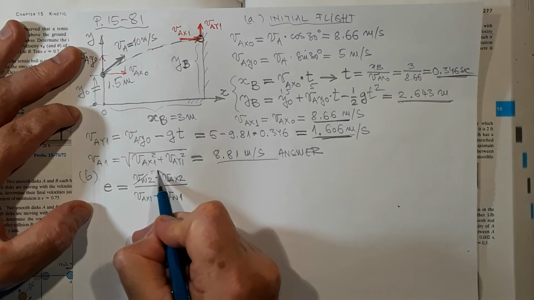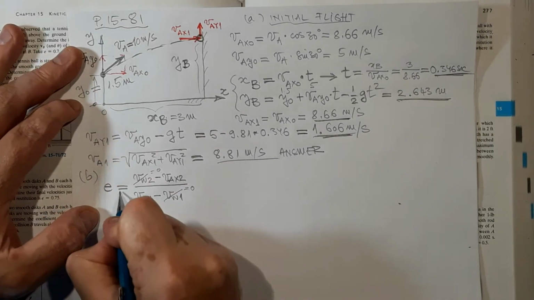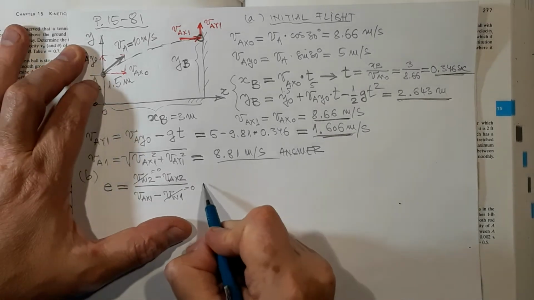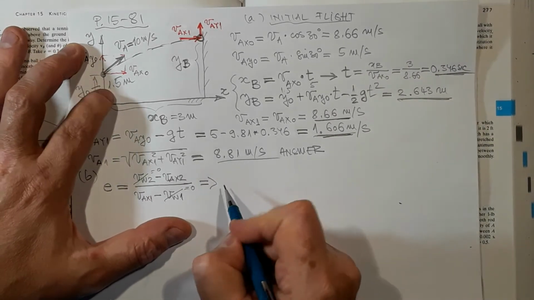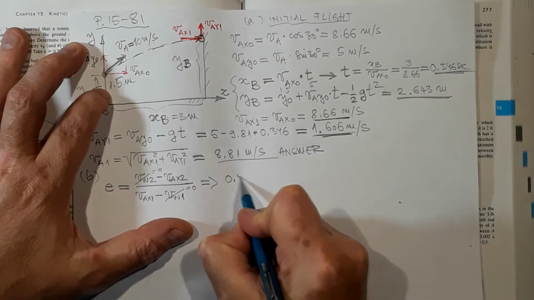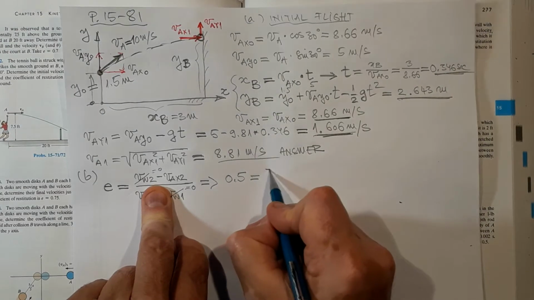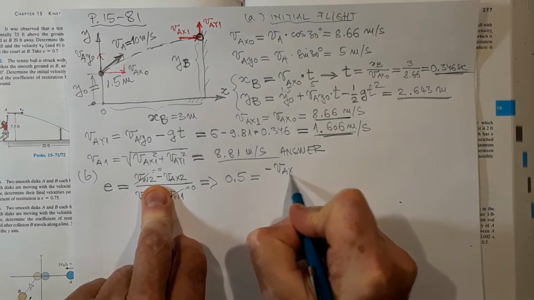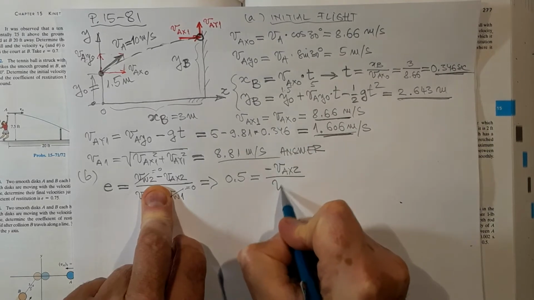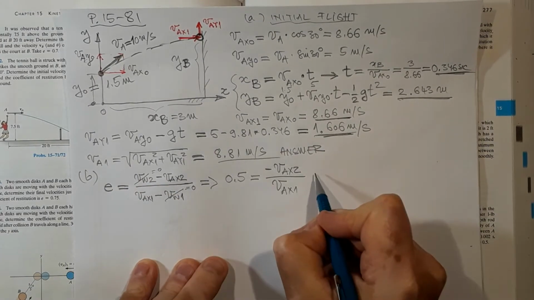Now these are 0, and this is equal to 0.5 as stated in the problem. So I have 0.5 equals negative velocity of A in the x direction right after impact over velocity of A in the x direction right before impact.